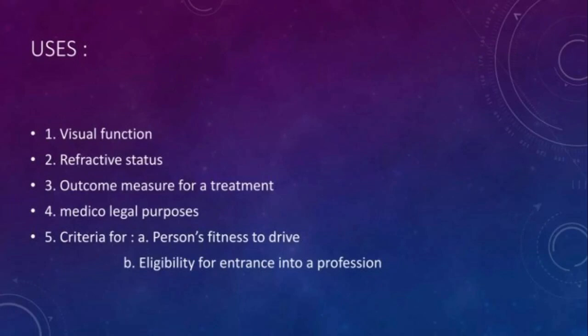In some professions, such as aviation or law enforcement, visual acuity requirements are established for eligibility. Overall, visual acuity is an important measurement tool for evaluating a person's vision and ensuring that he or she can perform essential everyday activities safely and efficiently.